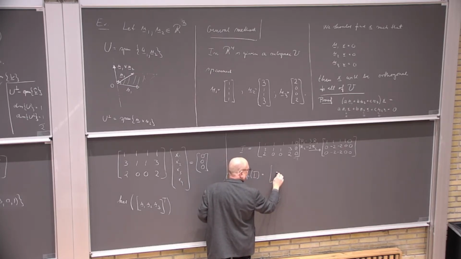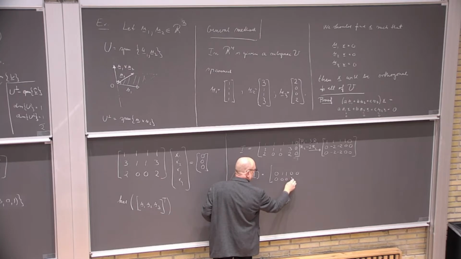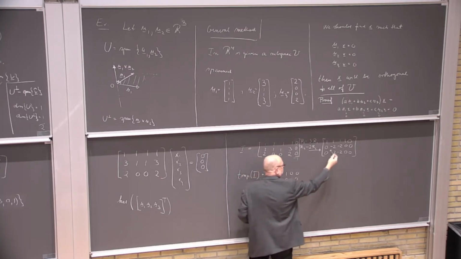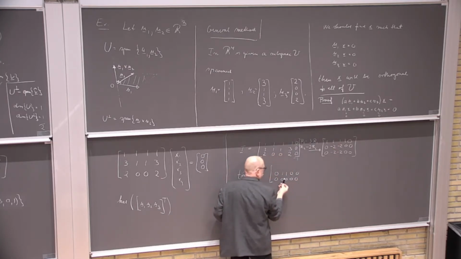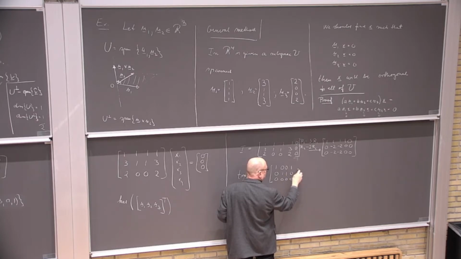So I get 0, 1, 1, 0, 0, and all zeros down here. But I want to get a 0 here as well, so I subtract this from the upper row. So I get 1, 0, 0, 1, 0.